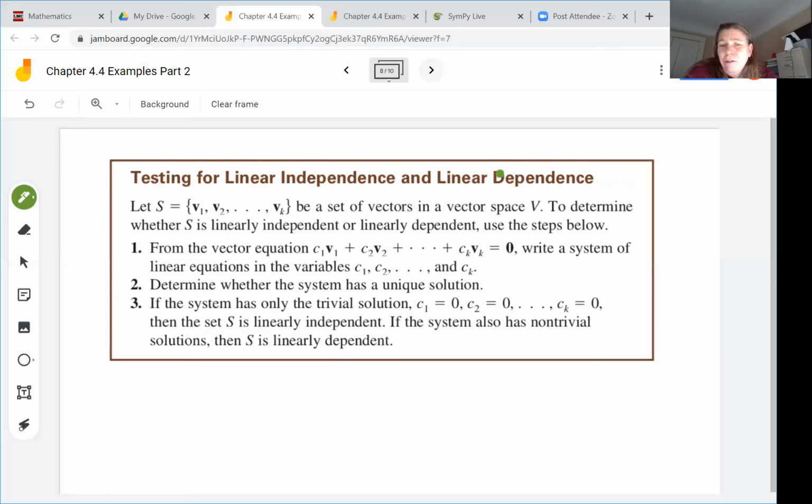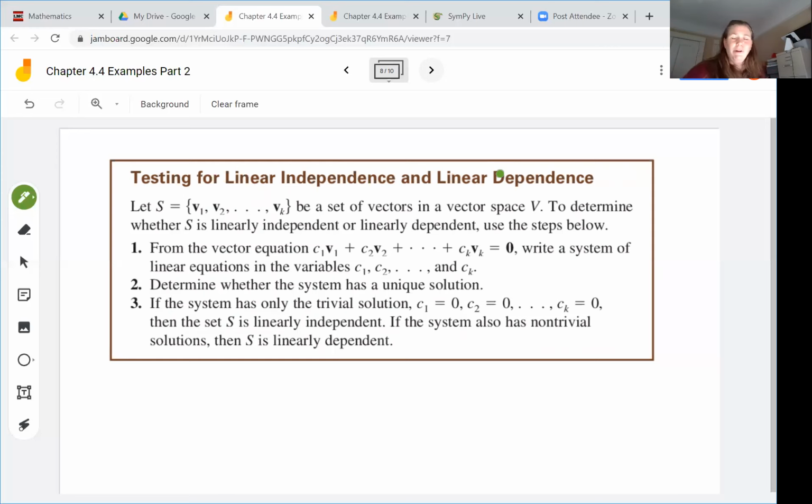Then you determine whether the system has a unique solution, and you can do that using the determinant or reduced row echelon form. And then if the system has only the trivial solution, where all the scalars are 0, then we say the set is linearly independent. If the system has a non-trivial solution, then the set is linearly dependent.